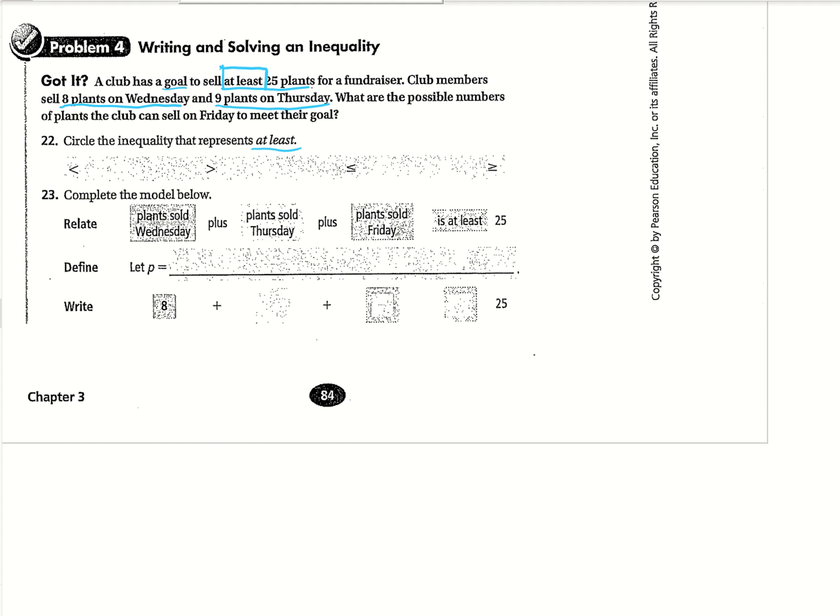If I say I have at least, I don't know, at least 5 apples. That's a lot of apples, first of all. I'm not going to eat those all in one day, because that would make me really full of apples. So anyway, whenever I see at least, that means if I have at least 5 apples, I have 5 apples or I have more than 5 apples.